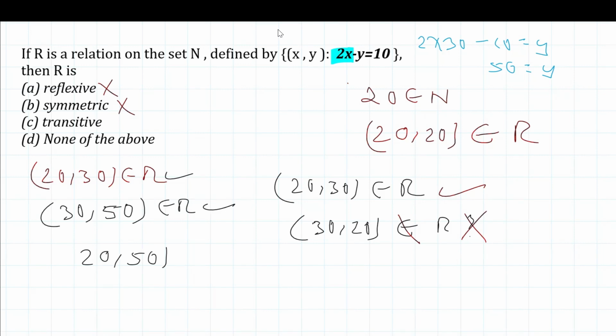That is, whether (a, c) belongs to R or not is our question.